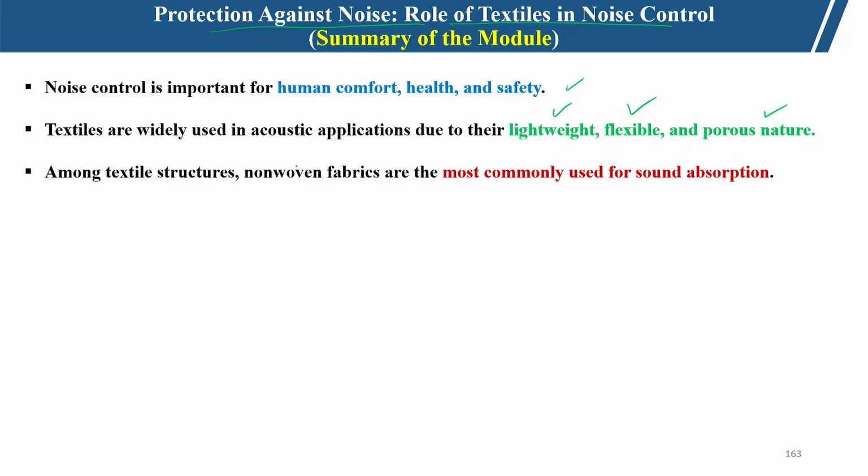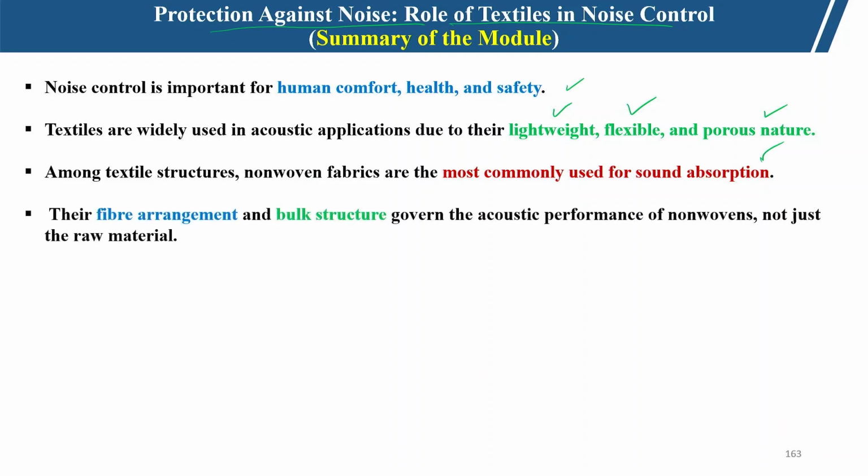Among textile structures, non-woven fabric is the most widely used material for sound absorption. The fiber arrangement and bulk structure govern the acoustic performance of non-wovens, not just the raw material.